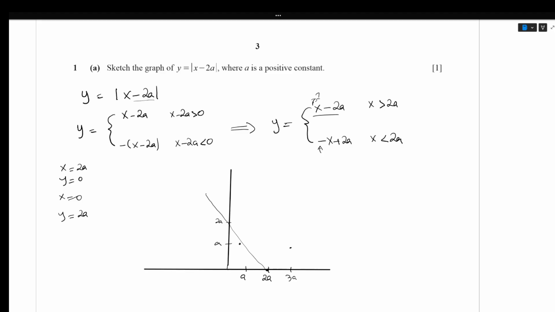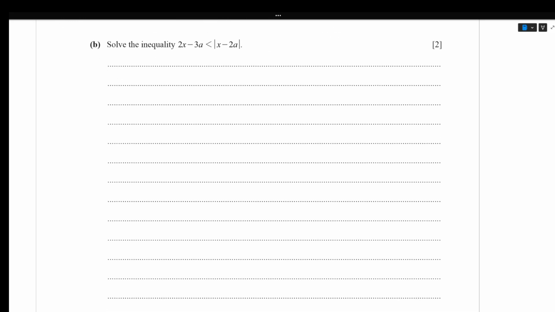It's a rough sketch, but yeah, this will be the plot or the sketch for this question. It looks something like this. Then we are supposed to solve the inequality.